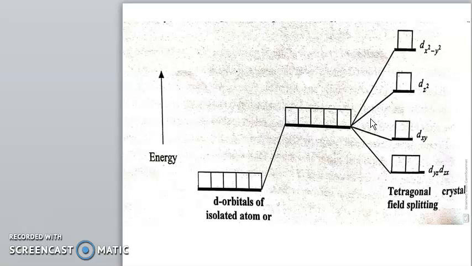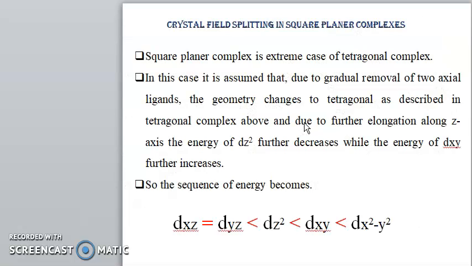Now we have seen two types of crystal field splitting: one is the octahedral field and the second is the distorted octahedral field, or nothing but, we can say, a tetragonal field. Now we move towards the next splitting, that is the crystal field splitting in square planar complexes.